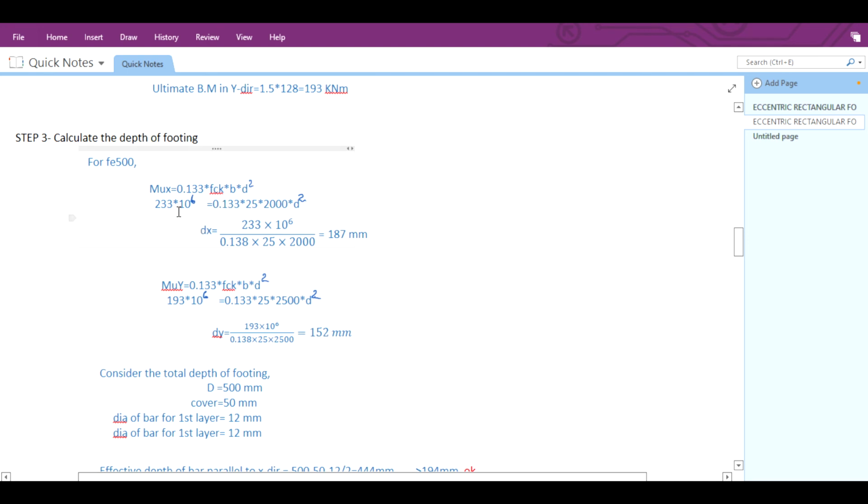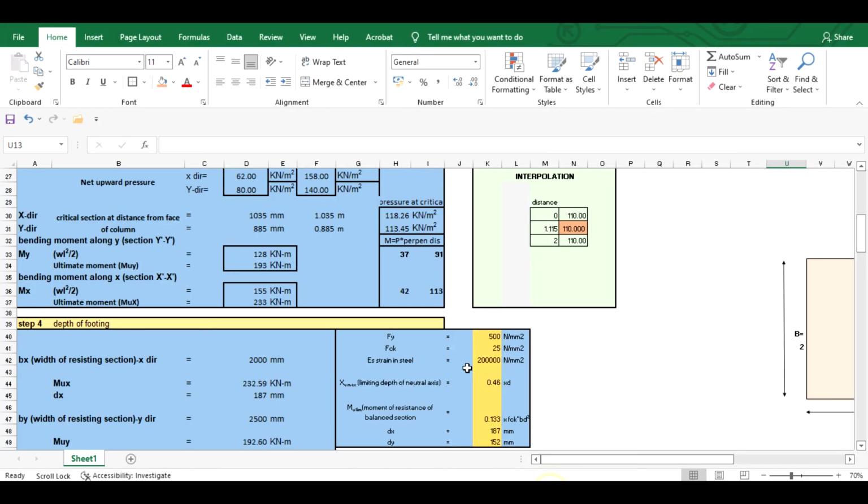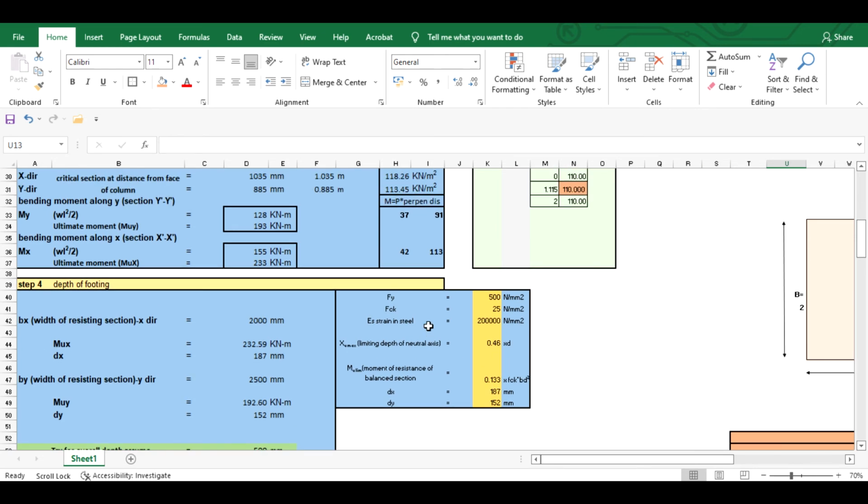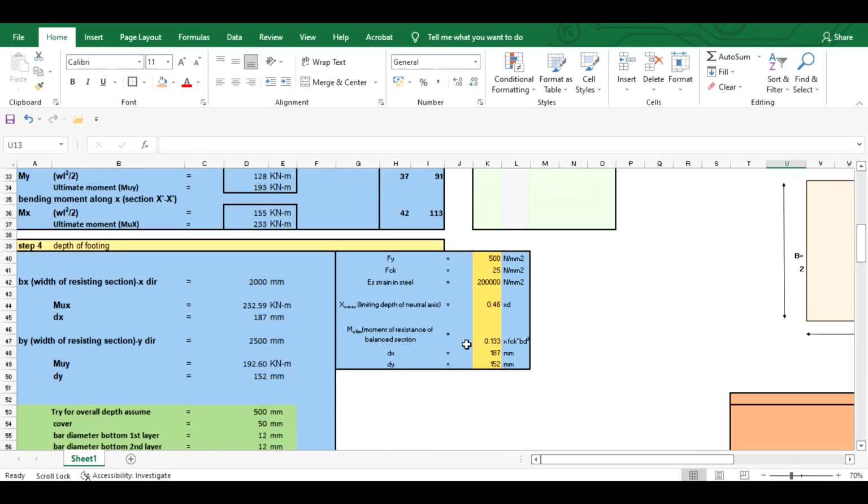So you have to use the code for these formulas. From SP16 you can get these formulas, or you can directly use this Excel sheet, so you don't have to use any codes for that change of the formula. It will automatically change by itself here. Whatever grade you want to choose, just choose the grade and the value will change automatically.